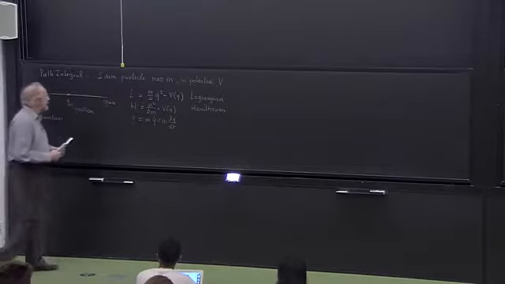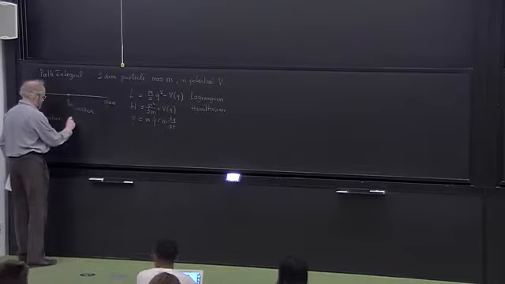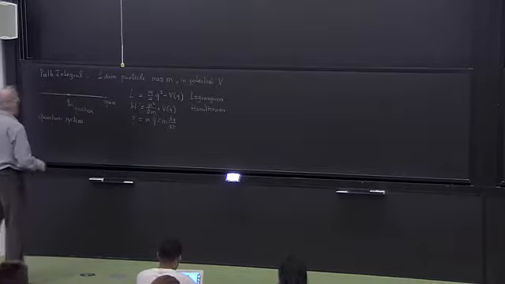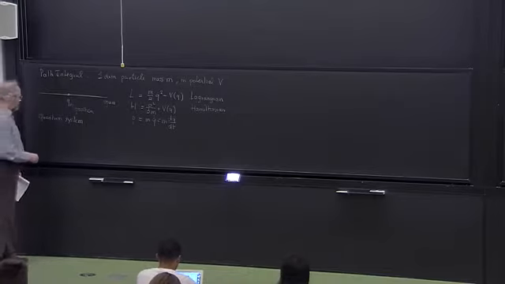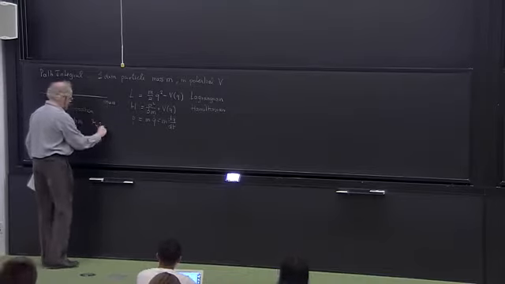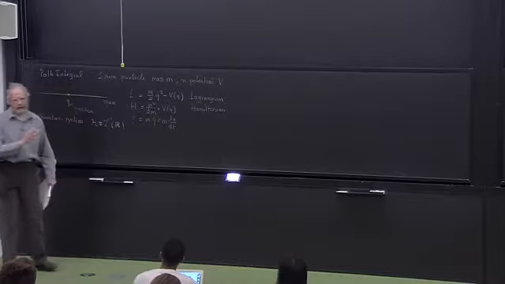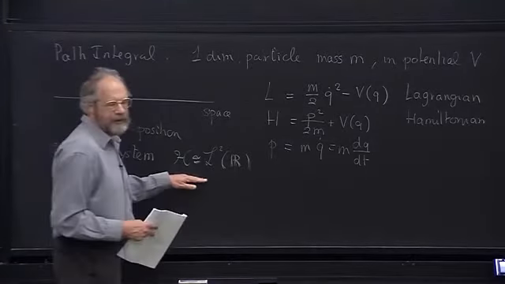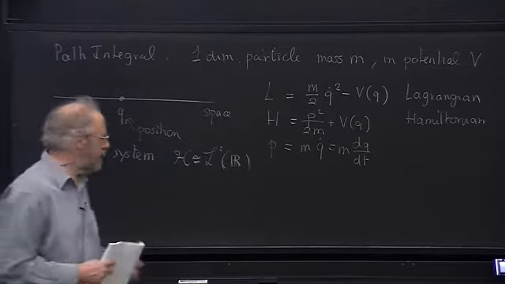The state space of the system is described in Hilbert space. So the Hilbert space is just basically the space of L2 functions on the real line, more or less. I won't be very mathematically precise, but I think you have seen some more precise definition in the quantum mechanics core course.